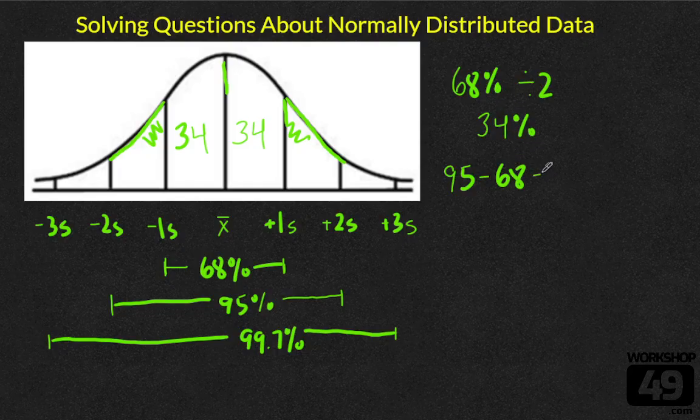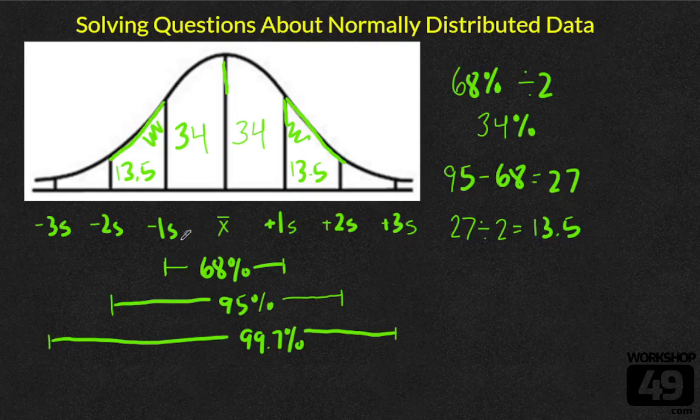When we do this, it equals 27. That means 27% of the data is in these two little regions on the side. And if I want to know how much is in each one, we do 27 divided by 2, and that equals 13.5. That means 13.5 percent of our data is here, and 13.5 is there.